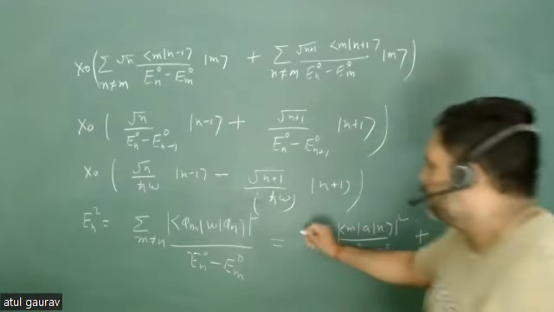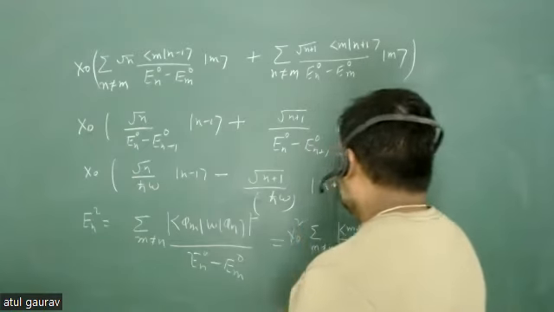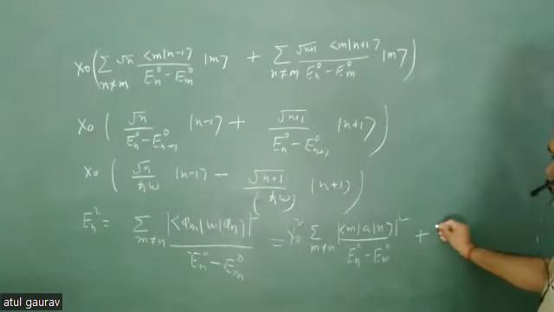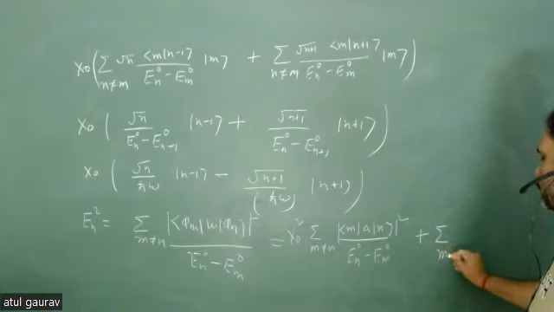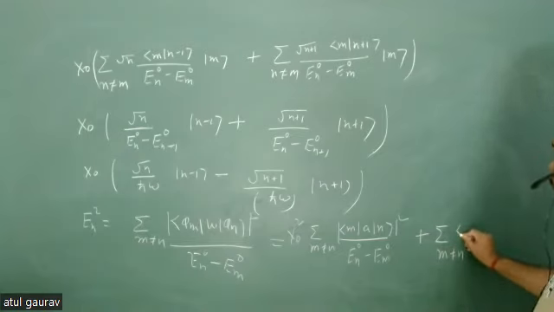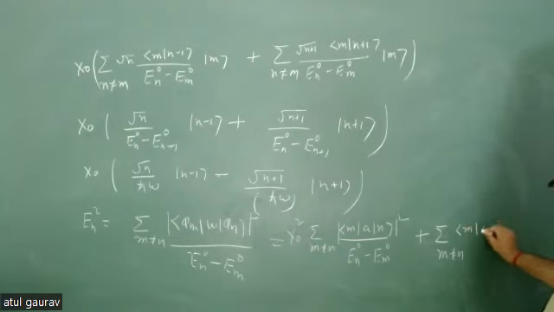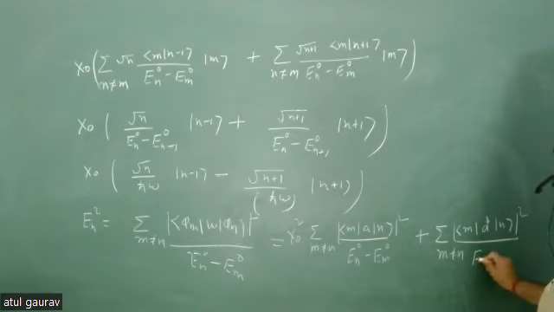Second term is, and here is x0 square, है ना? This is x0 square. And this value is equal to summation over m is not equal to n. And what you will have? M a a dagger n and you will take mod square and you have en0 minus em0.